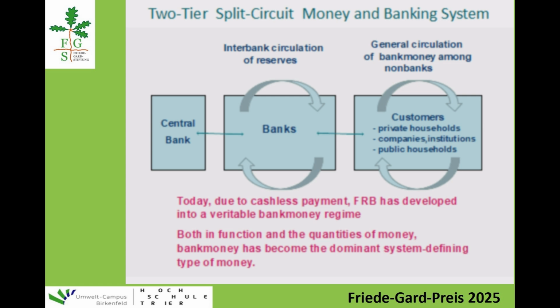And as I said, the necessity of central bank reserves is basically very low, and so the system is not really led by the central bank as is mostly assumed, but the system is really a bank-led system.